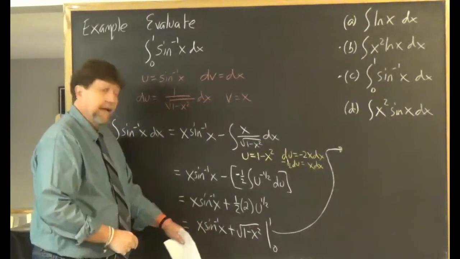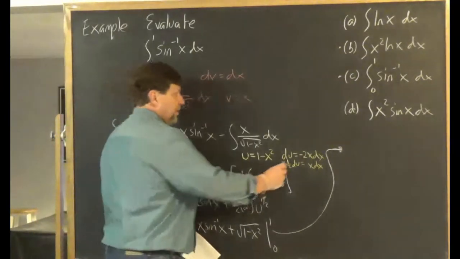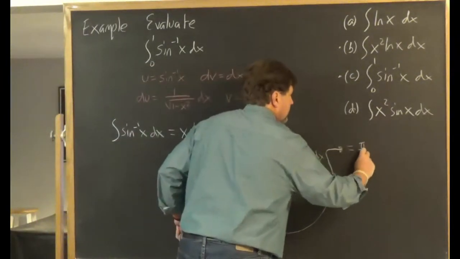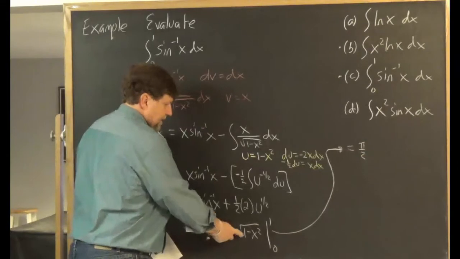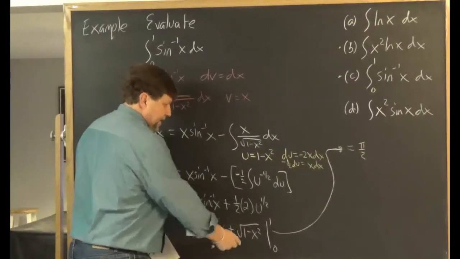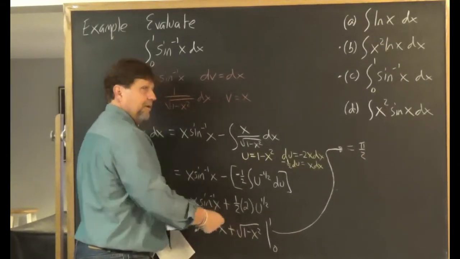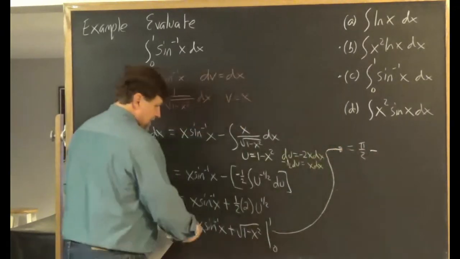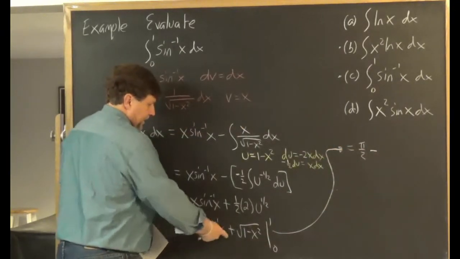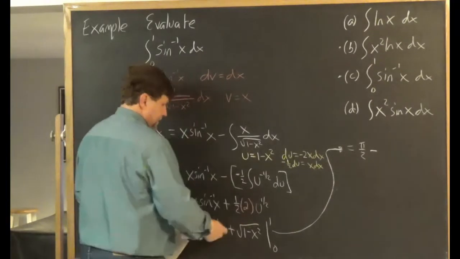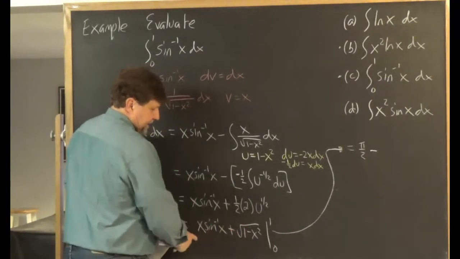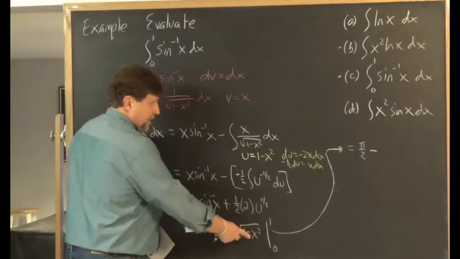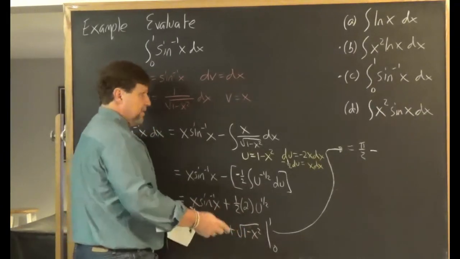Well, inverse sine of 1 is pi over 2. Plus, 1 comes in here for x, so this gives me 0, square root of 0, 0. Minus, now the 0 comes in. Well, that gives me 0. This is 0. This is square root of 1. Square root of 1 is 1.